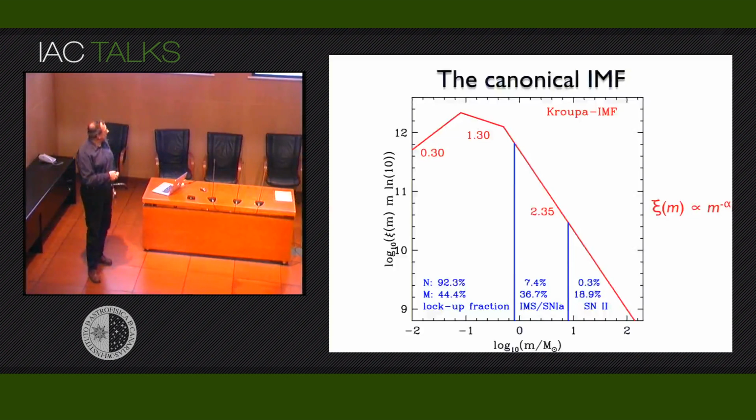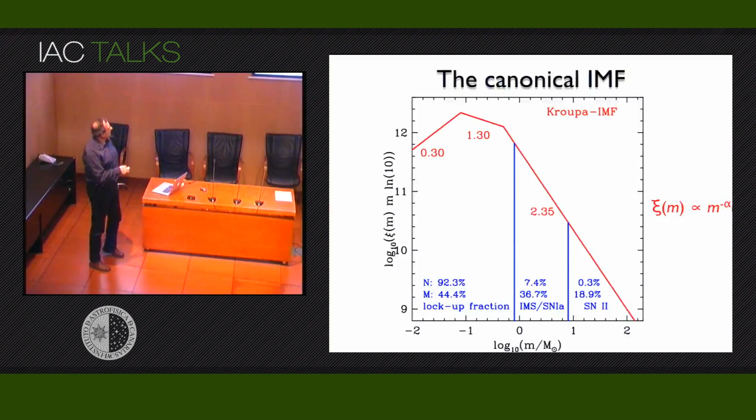The rest, about 90% of all the stars, are red dwarfs and a few brown dwarfs, about 40% in mass, and they mainly do not evolve at all over a Hubble time, unless they're part of a close binary system involved in binary stellar evolution. Otherwise, they're the so-called lock-up fraction. They just gather material but don't return anything into the interstellar medium. So this regime is what drives chemical evolution of galaxies, and this is why we're very interested in the initial mass function, especially also for resolved and unresolved populations.